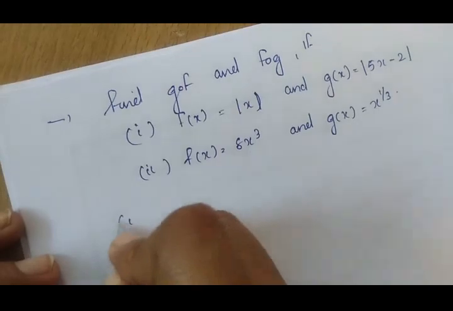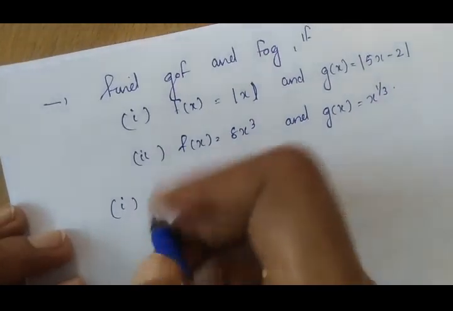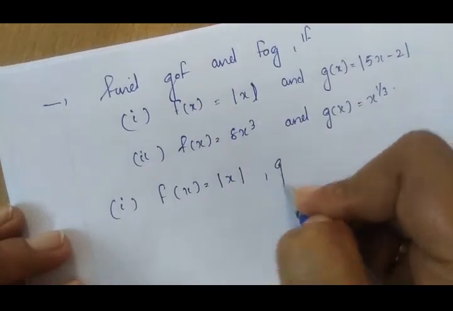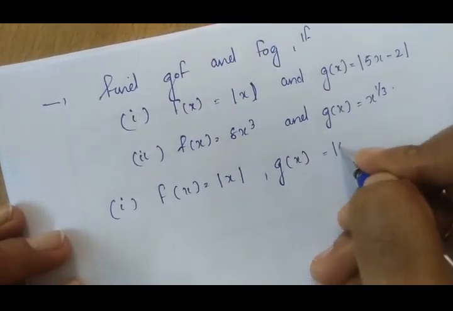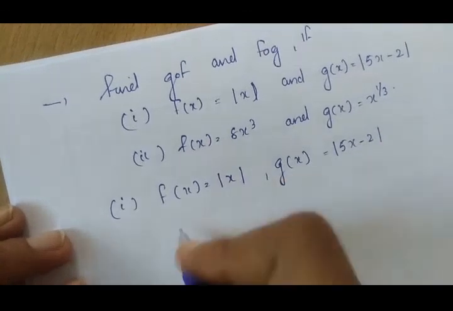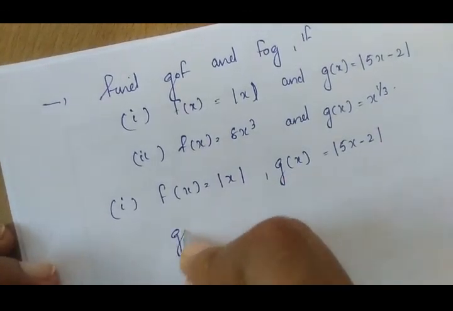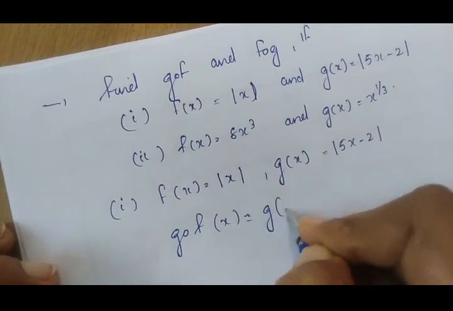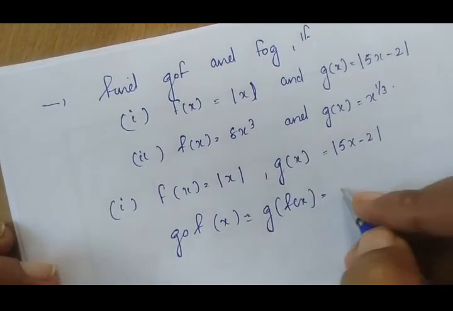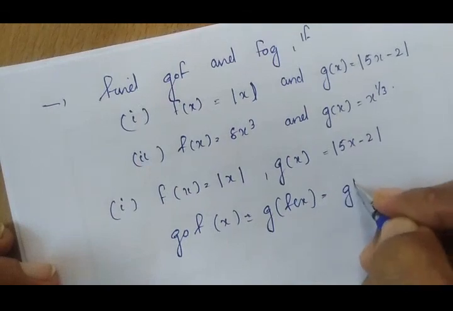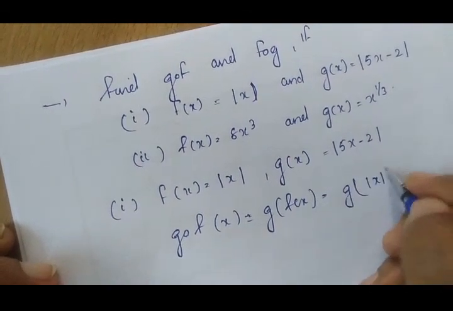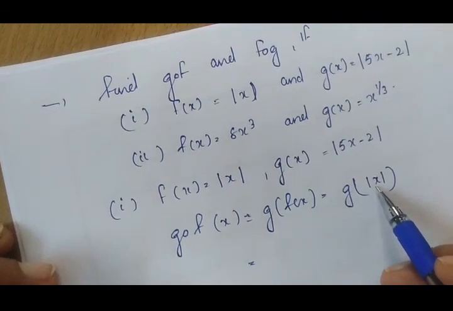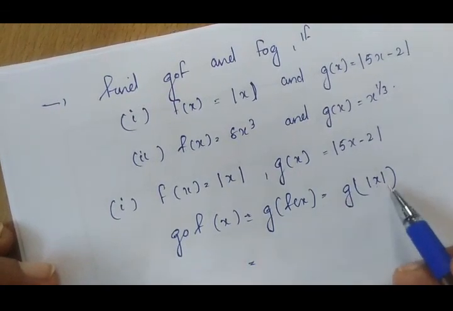Okay, let's go to the first question. Here f of x is equal to mod x and g of x is equal to mod 5x minus 2. Then the composition g∘f of x is equal to g of f of x, which is g of mod x.